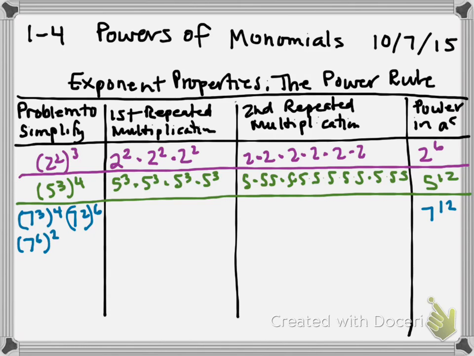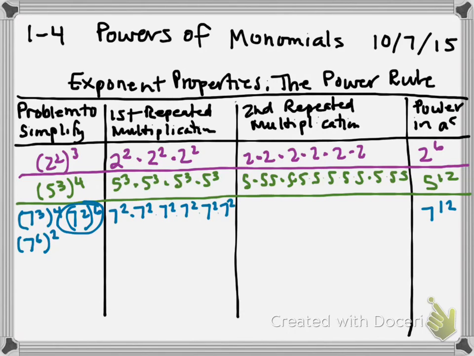Yeah, I think you guys are already kind of picking up what we could do on this one. So we have lots of options. We could have even done 7 to the 4th power cubed. All right? So I'll just pick one of them. Let's pick the 7 squared to the 6th power. So that would be 7 squared, 7 squared, 7 squared. There's 3, 4, 5, 6 of them.